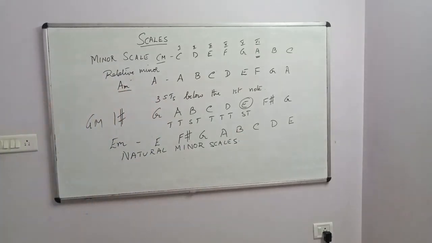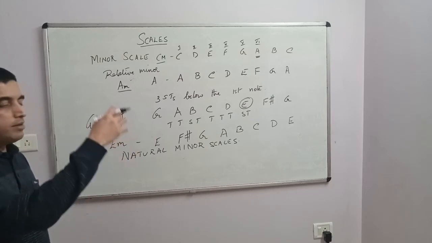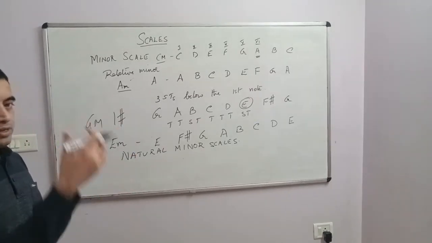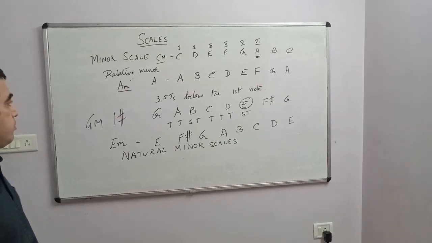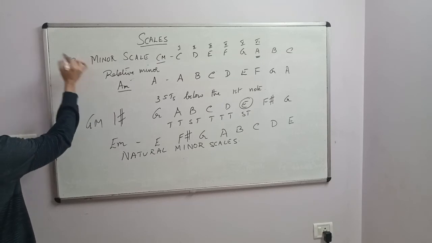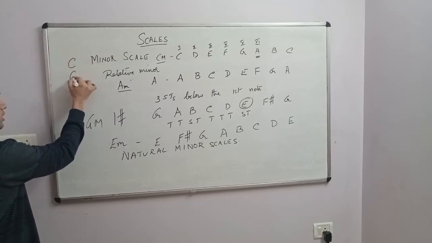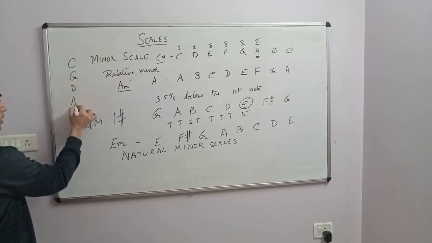So what I want you to do is again derive the other minor scales. So if you remember, the first natural scale was the C scale, then the 1 sharp was G scale, 2 sharp was D scale, 3 sharp was A scale.